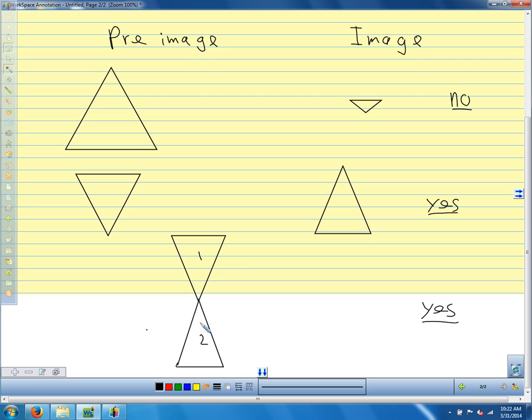To describe a transformation, we use an arrow and prime marks.